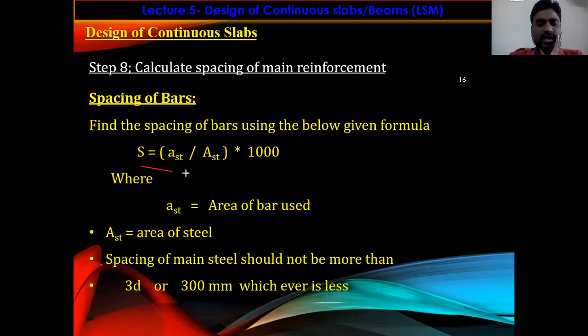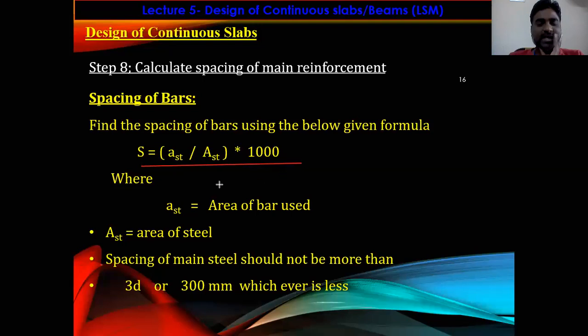So that is small a st by capital A st into 1000. Small a st is the area of a single bar. This 1000 is nothing but your B, because we are considering 1 meter width. And there are other codal provisions for main reinforcement. So from this you can calculate the spacing.